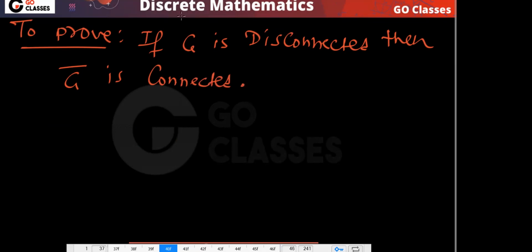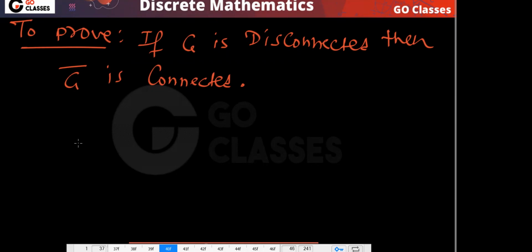Preeti is asking, can we say that for a complete graph, the complement is disconnected? Yes. What is the complement of a complete graph? Can anyone tell me? That is the edgeless graph, the null graph. Correct or not?